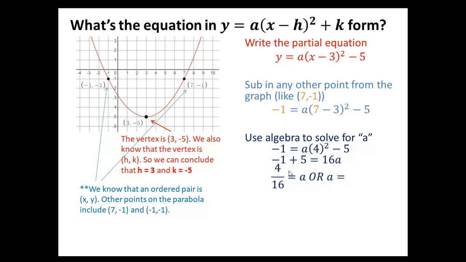Now let's rearrange it. We have 4 over 16 is equal to a, or we could say a is equal to 0.25. So my final equation: y is equal to 0.25(x - 3)² - 5.